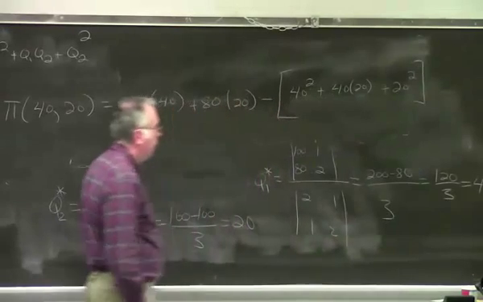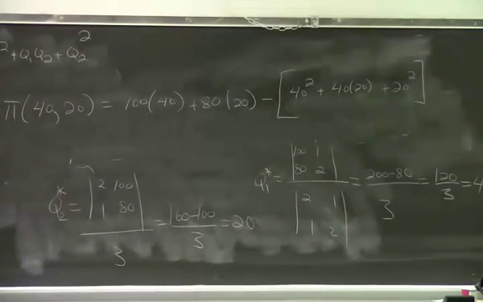So if you calculate this number, you will get the maximum profit. Okay. And I'll let you just do that as an exercise. And that would be the top of the profit hill.